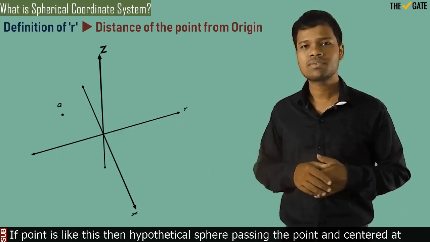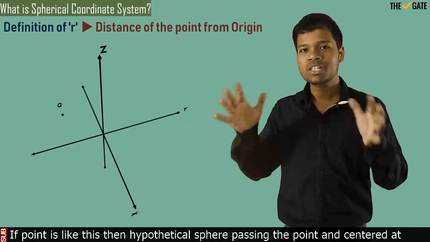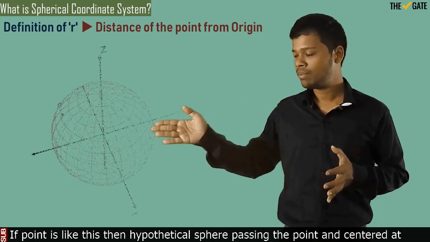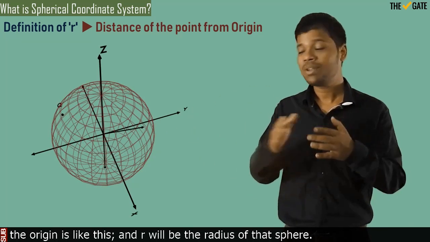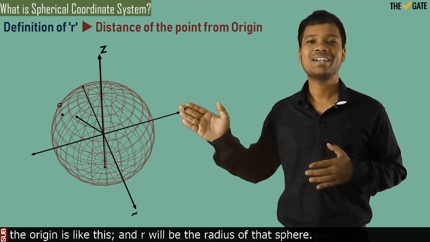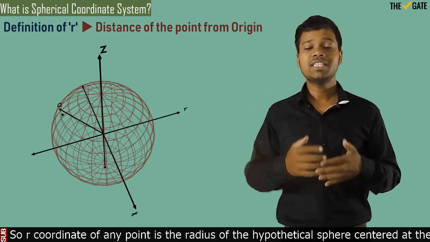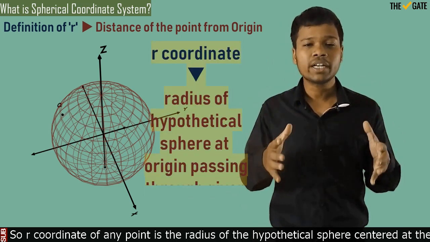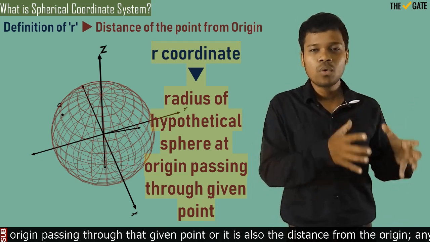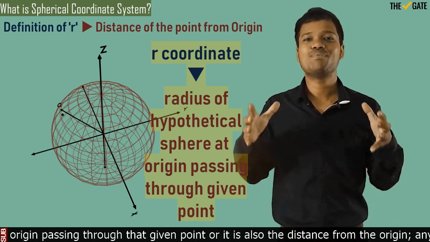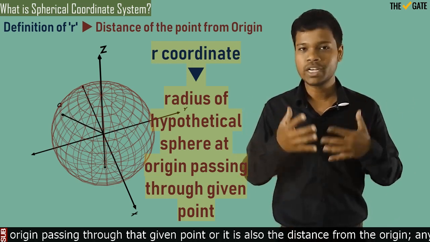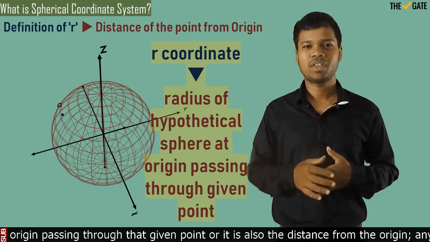So the r coordinate of any point is the radius of the hypothetical sphere centered at the origin passing through that given point, or it is also the distance from the origin. Anyway, you can remember.